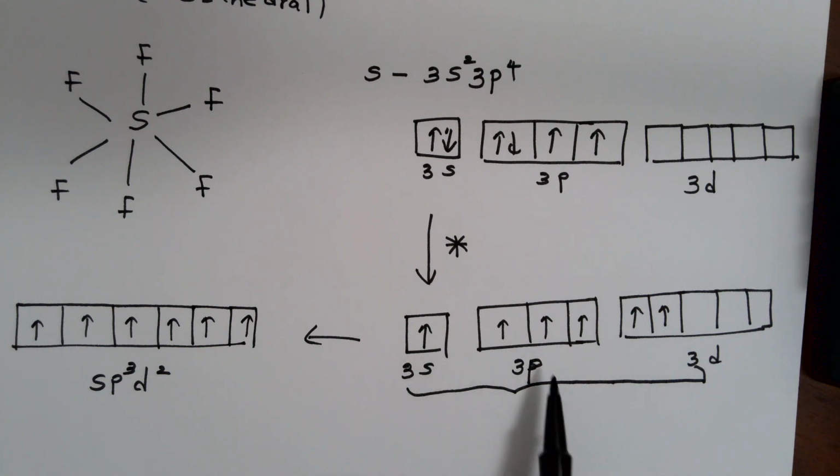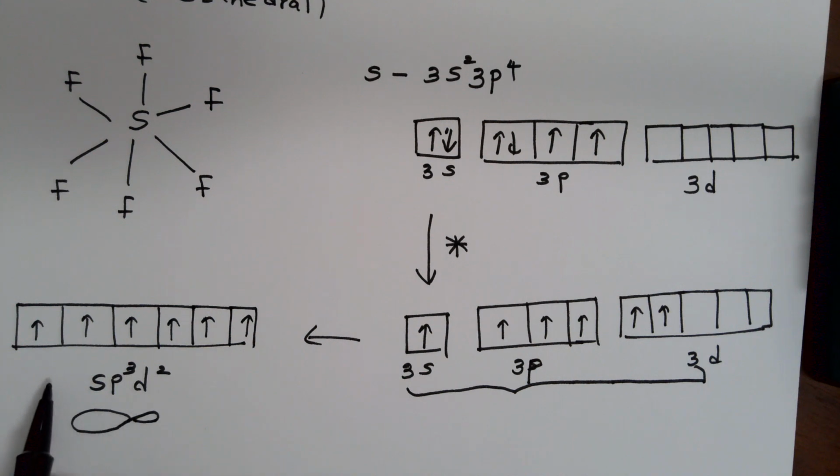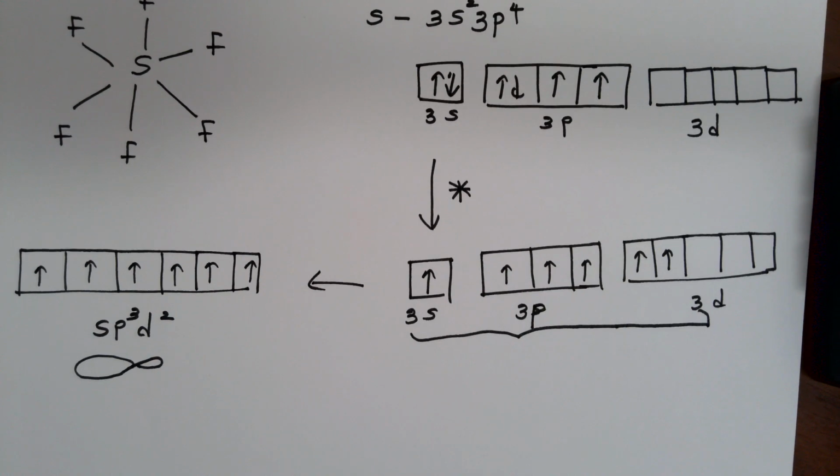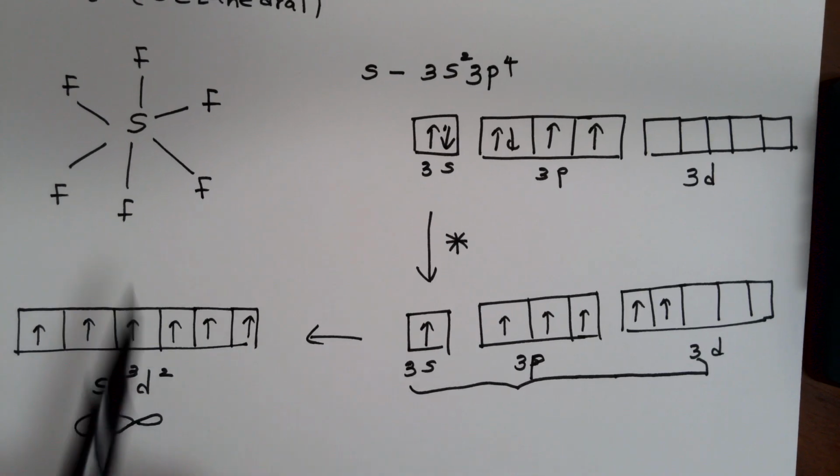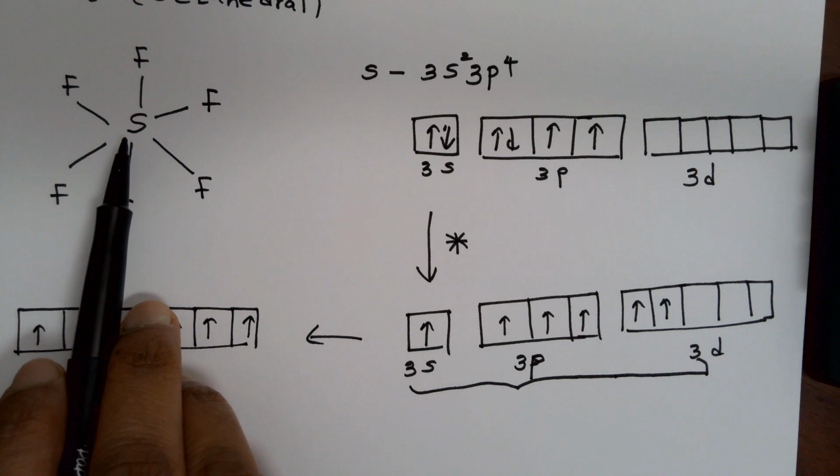And then 3s, 3p, 3d, their shapes are different from each other, so we mix the orbitals together to get equal size and shape hybridized orbitals. So after mixing we can see one side lobe is big, the other side lobe is small, equal shape, 6 sp3d2 orbitals. Now all 6 sp3d2 hybridized orbitals are located on the sulfur.